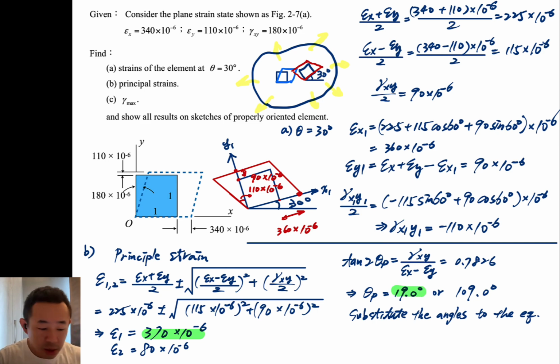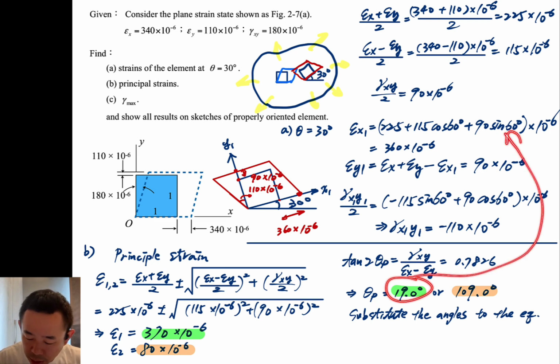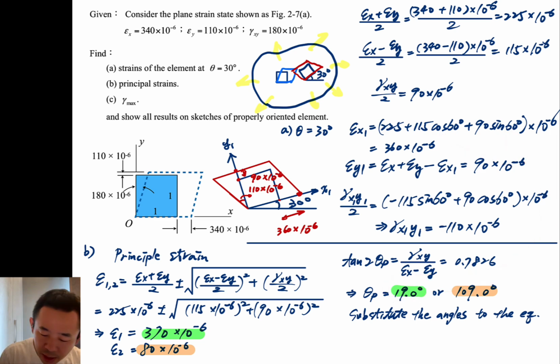Of course, the other will correspond to this one. So we just substitute this into this equation, and then you can get epsilon x1, and you will obtain exactly the same amount, and then you will connect them. 19.0 is the epsilon 1 corresponding angle, and of course the other will be 109.0.